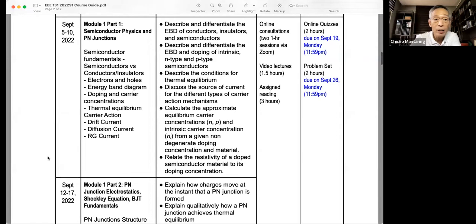Module 1 will happen starting yesterday up to the end of next week. And module 1 is really an introduction to semiconductor physics. So this is going to be the most conceptual part of the course. This is where a lot of students have difficulty because the concepts that are introduced in module 1 are quite abstract.